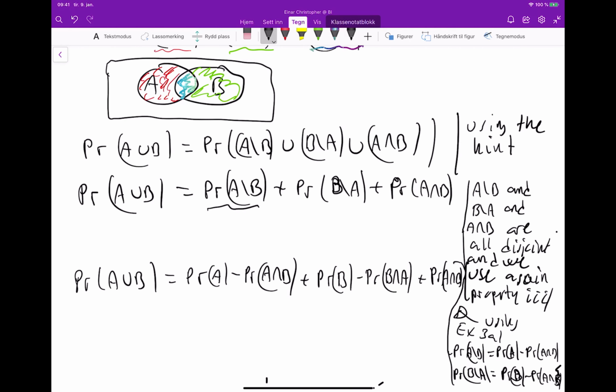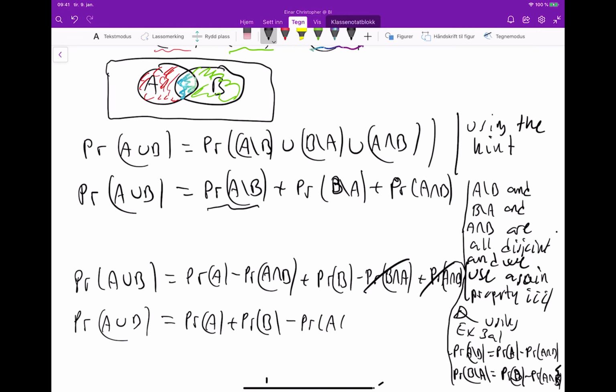So then we see that this one and this one cancel, and we get the probability of A union B is equal to the probability of A plus the probability of B minus the probability of A and B.